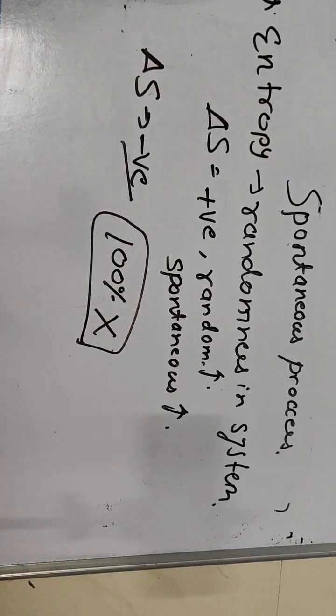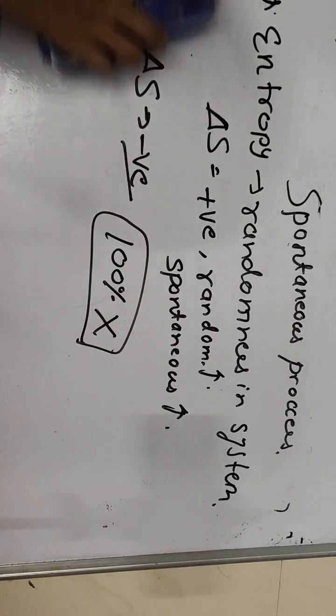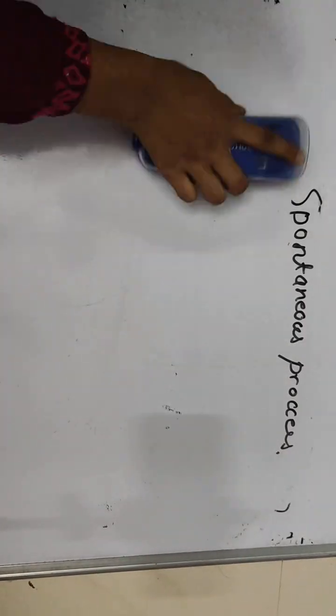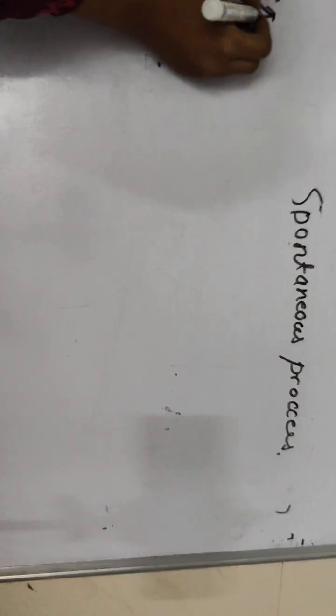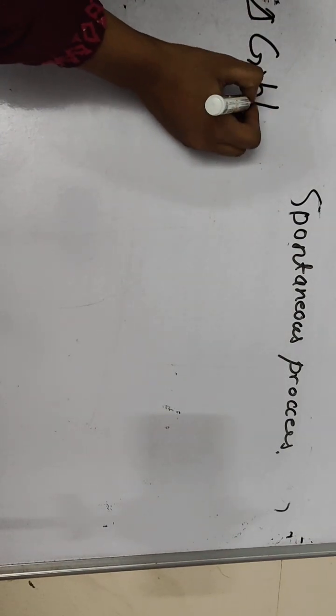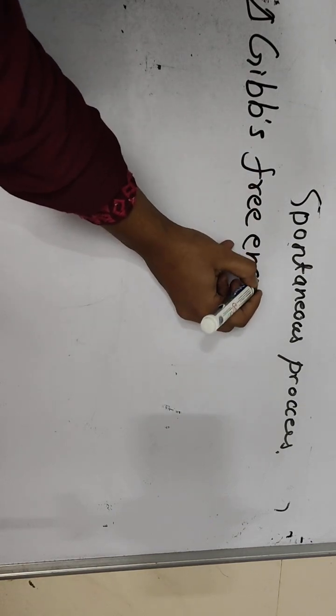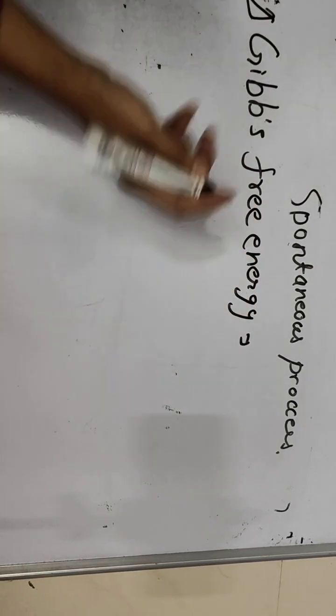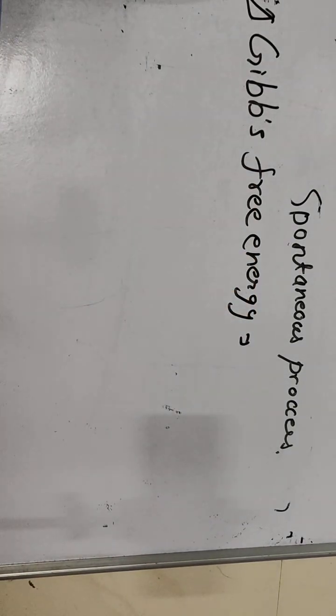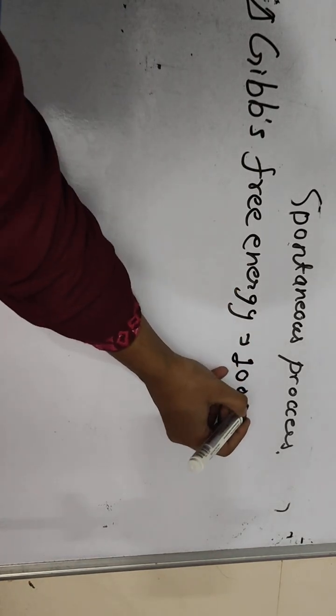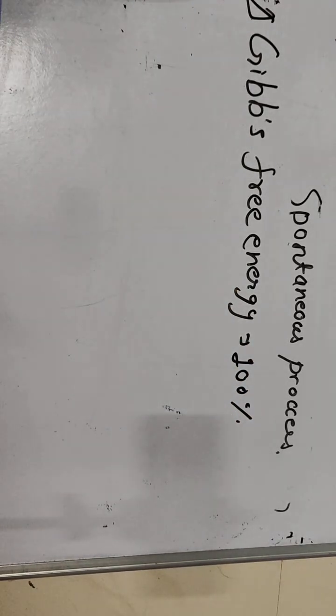So then we take Gibbs free energy. This is a theory which tells us about the spontaneity of the reactions, and this theory is 100% true to check the spontaneity of the reactions.